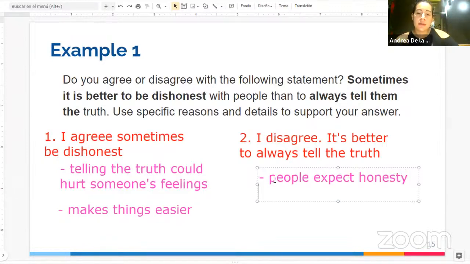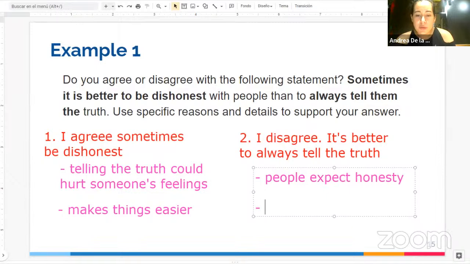And yes, maybe you can say that everyone deserves to know the truth. What about another reason? Can we think of one more? So you don't feel guilty with yourself? Okay, I like that. You don't feel guilty.